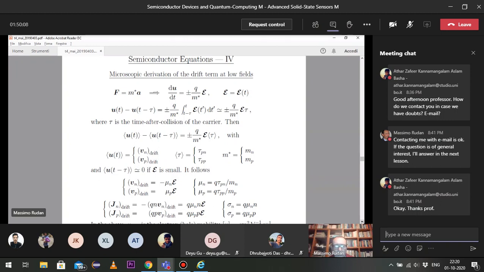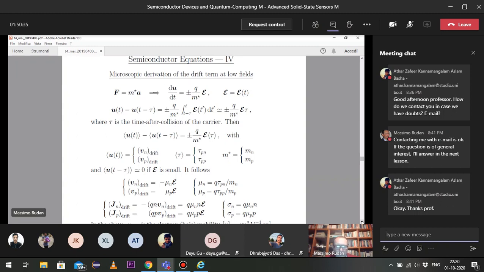So we have the time derivative of velocity equal to plus minus q over m star times the electric field. And the electric field may depend on time, of course. In a dynamic situation, it depends on time. Now we integrate this relation over time.